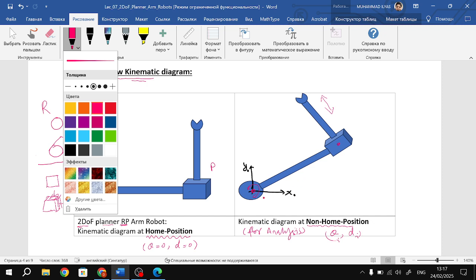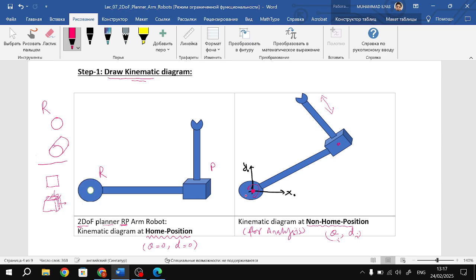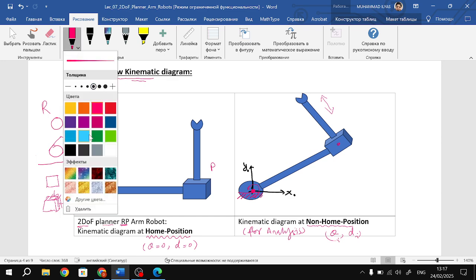So the first step is to draw the frames on every joint. This is our zeroth frame, where the zeroth frame is attached to the ground, fixed on the ground, right? So it will not move.